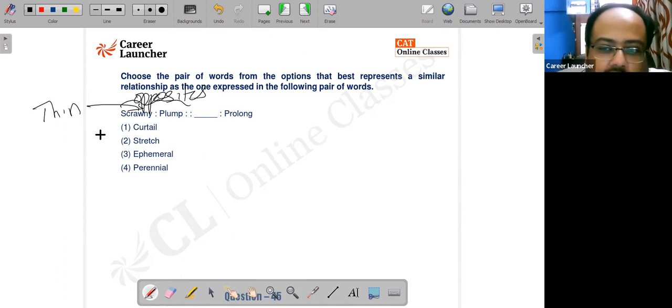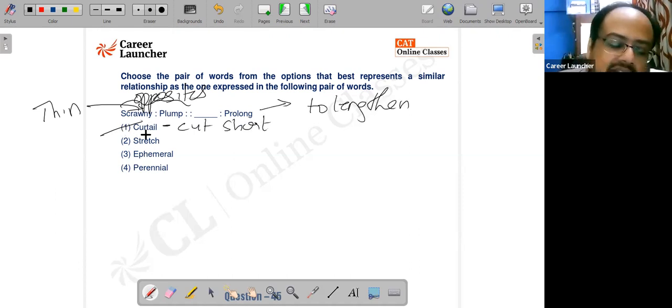So the answer is option 1, curtail. Curtail means to cut short. Prolong means to lengthen. To make something long is prolong. Cut something short is curtail. So it's the opposite. Stretch is the same as prolong.